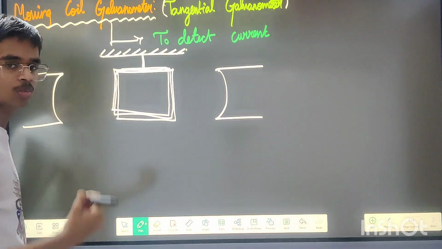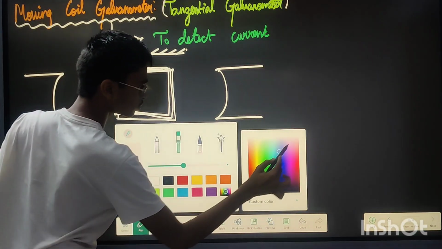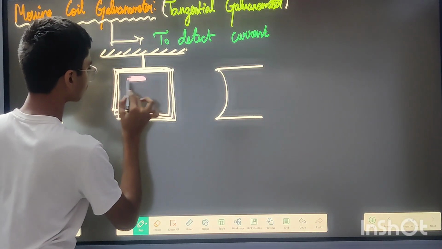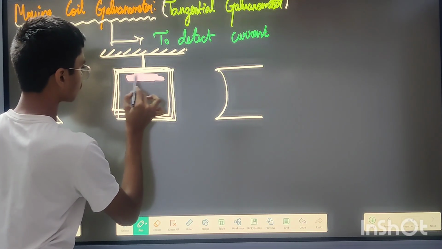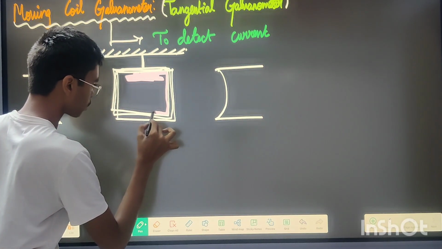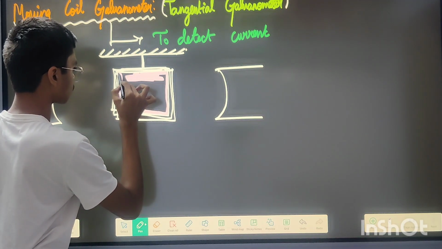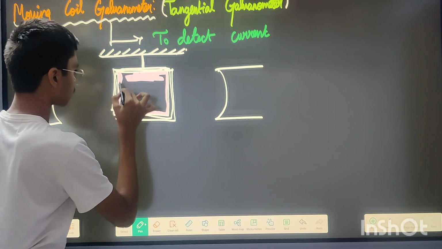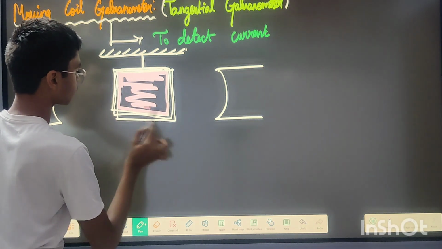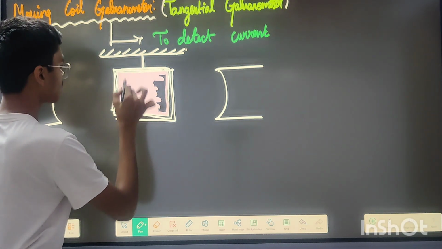In between these coils, there will be a material. In this area there will be a material called soft iron.